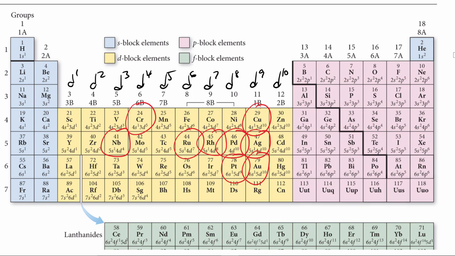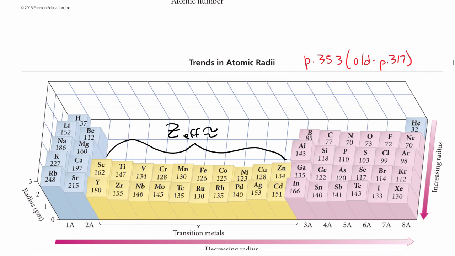Notice that the number of valence electrons is staying pretty much constant here. I have s2, s2, s2. Here's an s1, s2, s2, s2. So pretty much all of these have 2 valence electrons. That means all of them here in the center are going to have an approximate effective nuclear charge of about 2 plus.